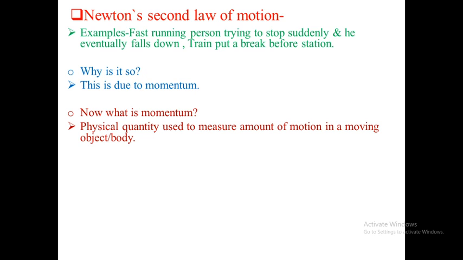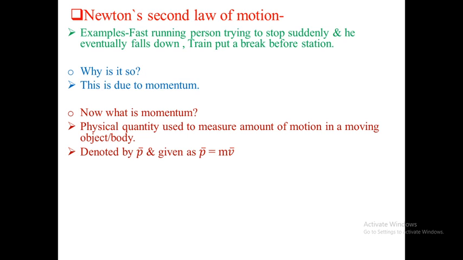That means measurement of motion is done by using this physical quantity which is known as momentum, and this is denoted by small p bar. There is a bar over the p because momentum is a vector quantity.